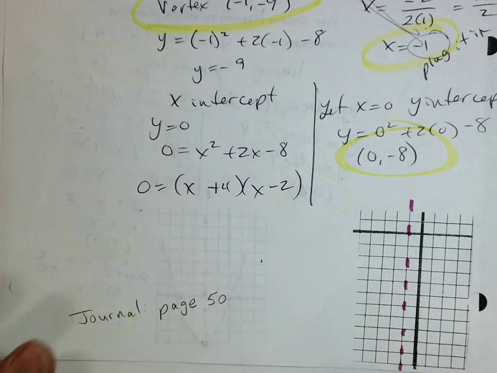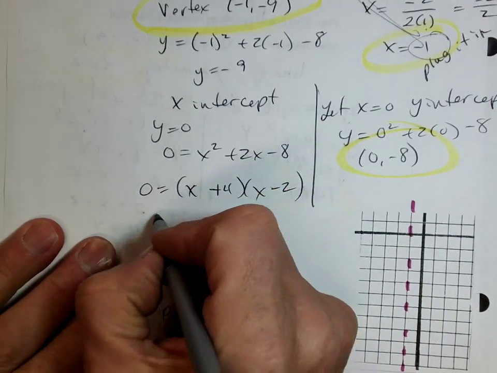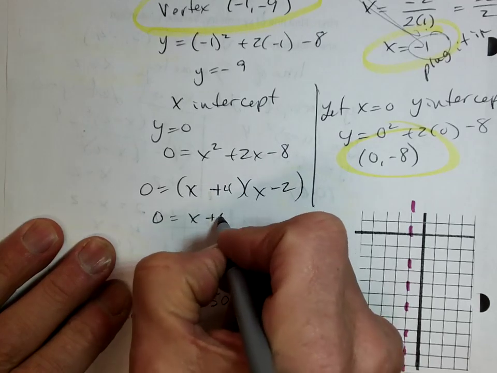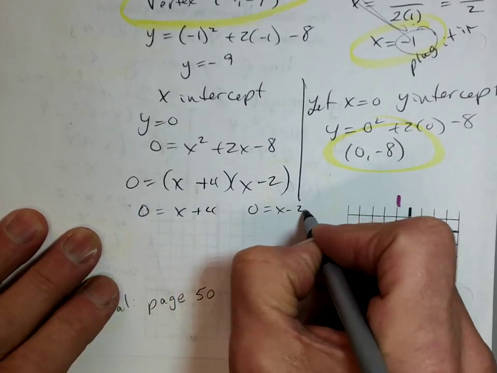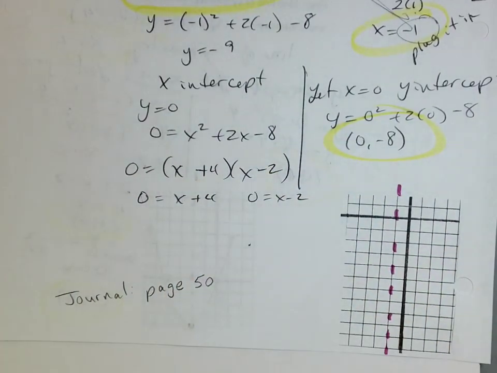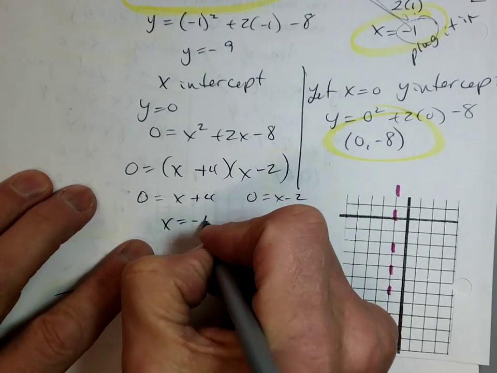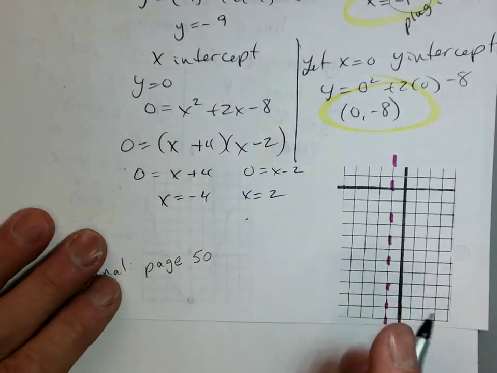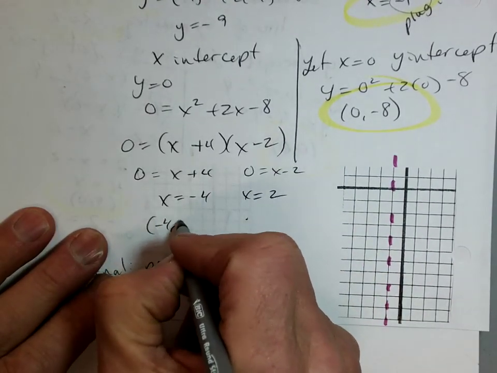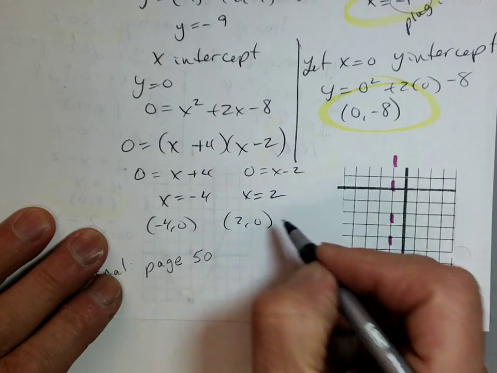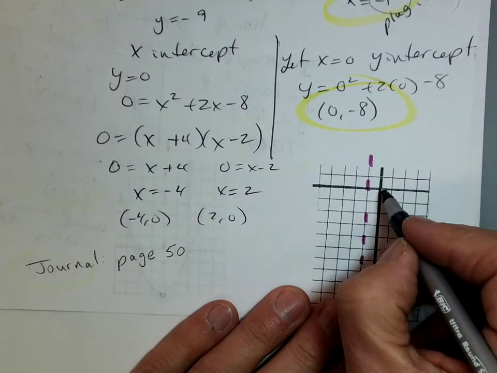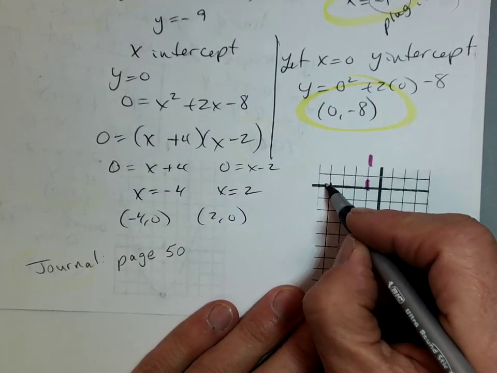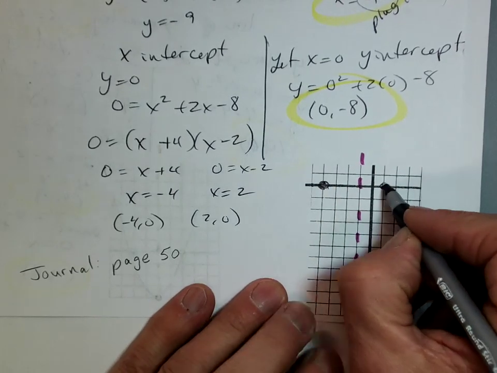A ton. So if I solve, I get my mini equations: 0 equals x plus 4, 0 equals x minus 2. I know a lot of you don't even do this step, you go straight to the answer. So x equals negative 4 and x equals positive 2. So, negative 4, 0 and 2, 0. Negative 4, 1, 2, 3, 4, and 1, 2.